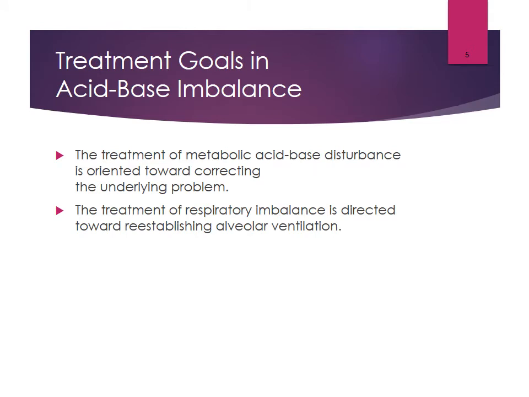So the treatment goal in acid-base balance is really to treat the underlying problem of the metabolic acid-base disturbance. That will correct the alkalosis or acidosis. The treatment of respiratory imbalance is directed toward reestablishing alveolar ventilation, so it's really respiratory support that is your treatment measure for respiratory imbalance.